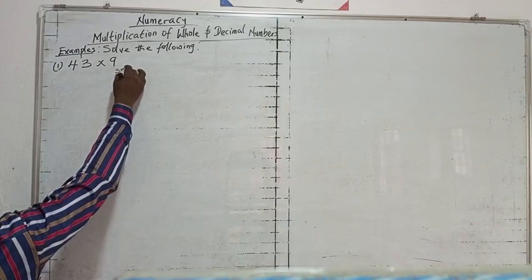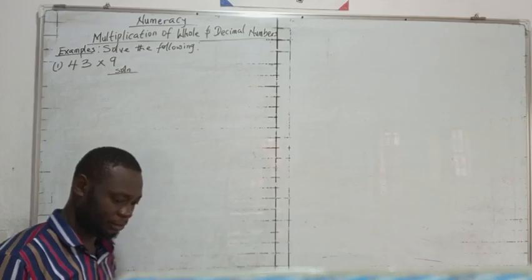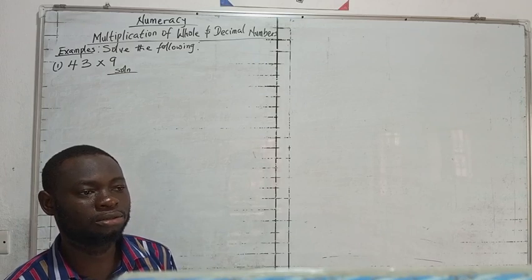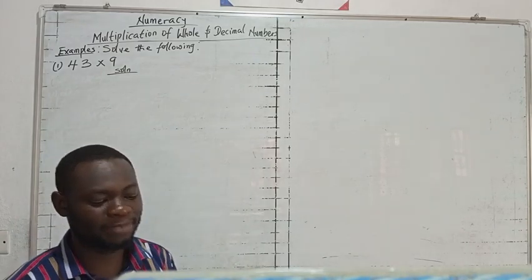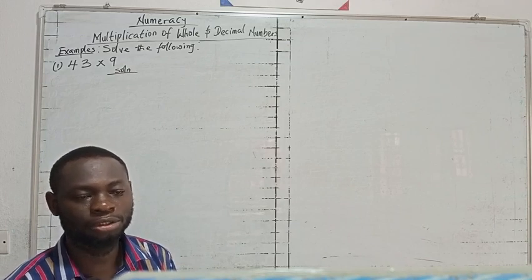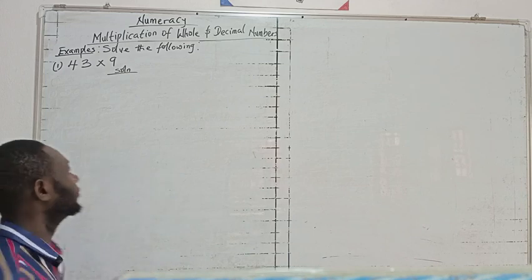Solution. There are 2 ways we can learn multiplication. We can do this by expanded form, or we do this multiplication using the standard form, that's using the exact form.